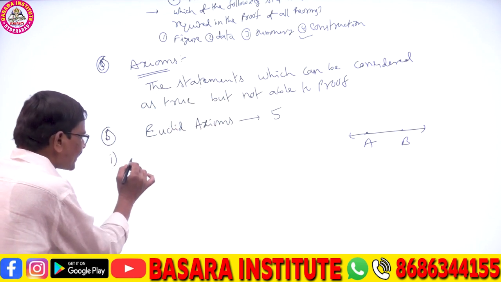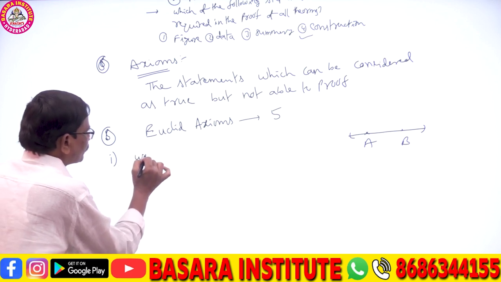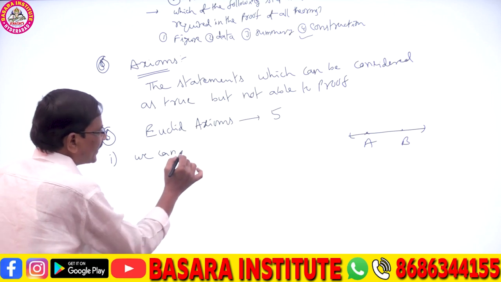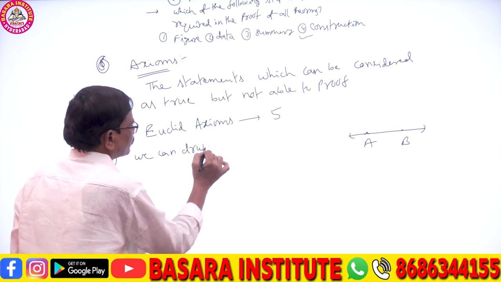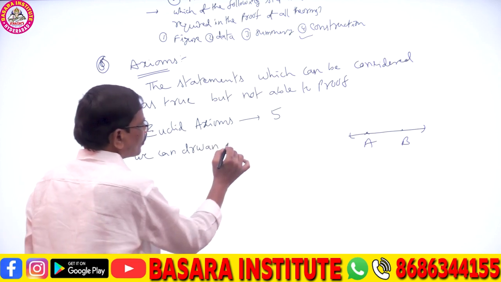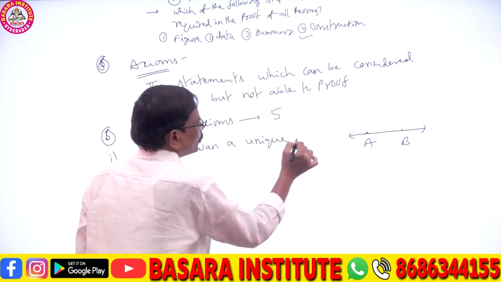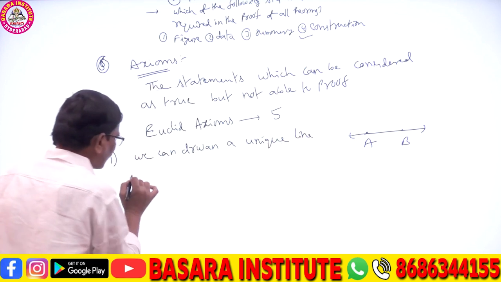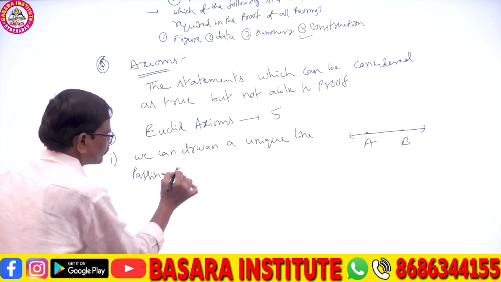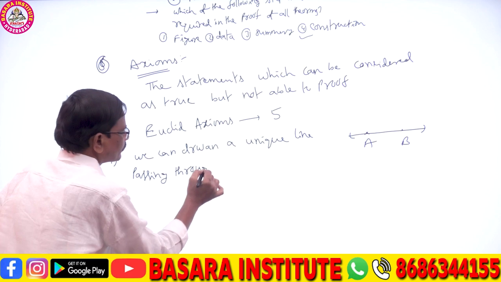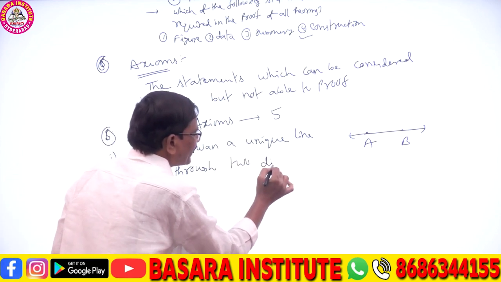So Euclid's first axiom is, we can draw a unique line passing through two distinct points in a plane.